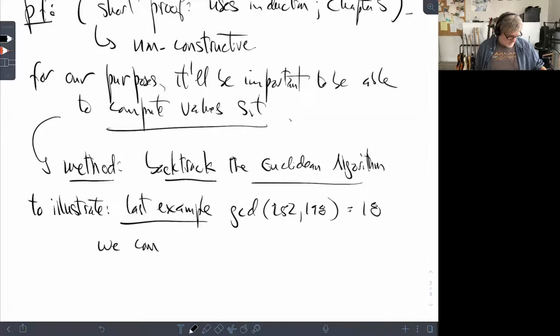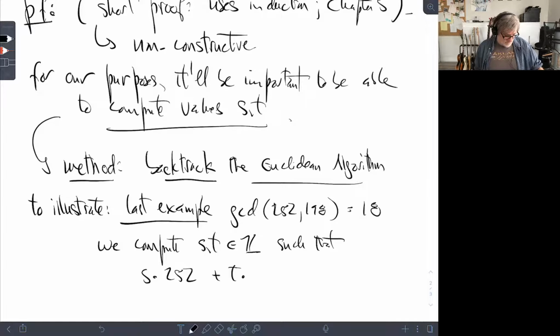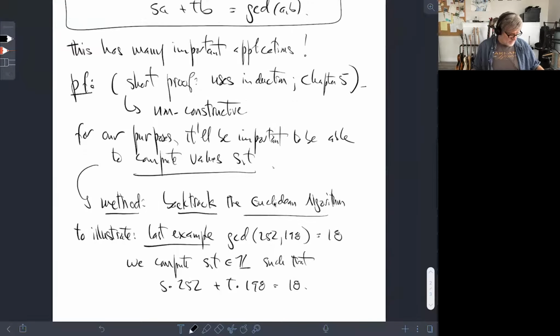We compute integers s and t such that s times 252 plus t times 198 is 18. I'm going to show you how you can compute the s and t, and the method is important. Like I said, for some of the stuff we're going to do later on, it's important to be able to compute s and t, but it's not difficult. If you understand the Euclidean algorithm, you'll see this is not difficult.